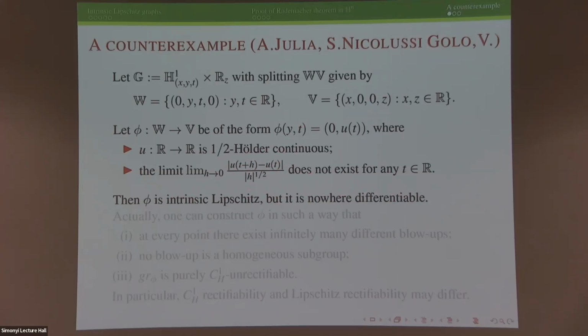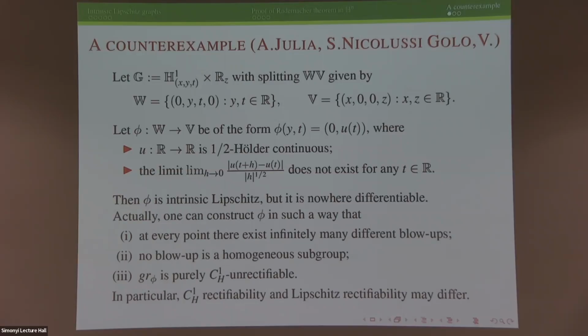And that's not possible. Actually, one can construct phi, and this phi is quite irregular. By properly defining u, you can produce examples where at every point there are infinitely many blow-ups, none of which is a subgroup.